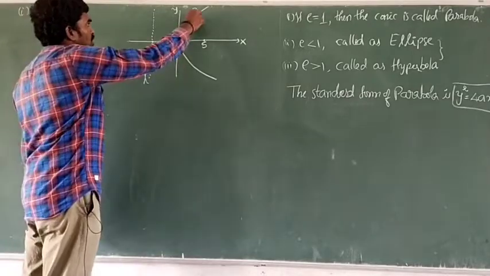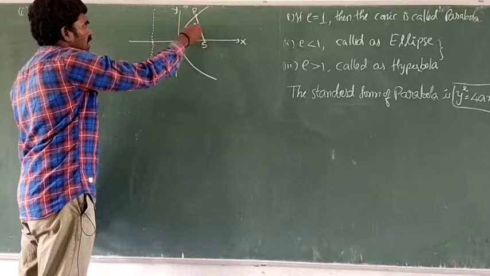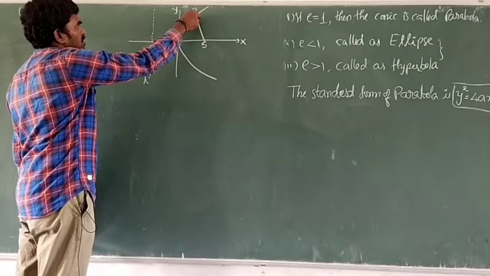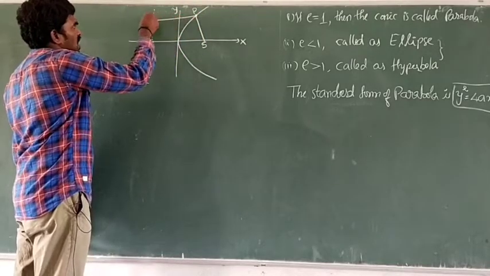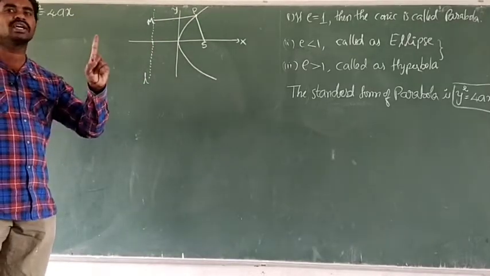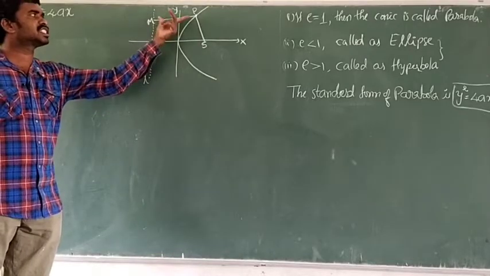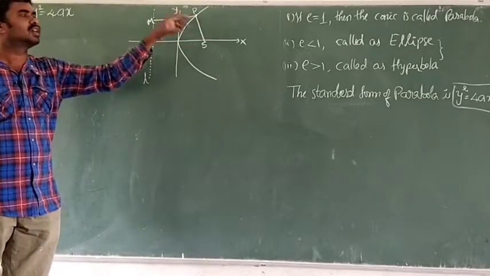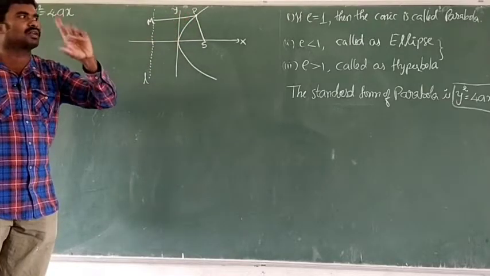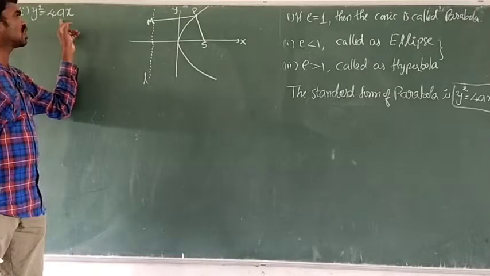Now the ratio of the distance from the point to the fixed point and the distance from the point to the fixed straight line is a constant ratio, that is a conic. The constant ratio is E. The E value is 1, which means the two distances are equal. SP by PM is equal to 1. So that is a parabola, and its equation is y square equal 4ax.